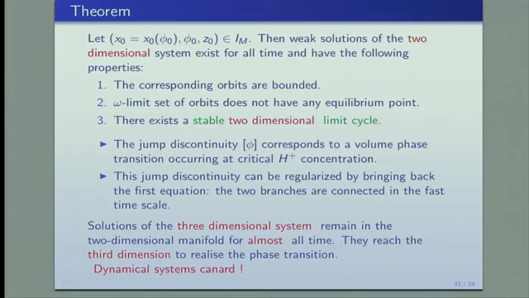But now, if you look at the system from the three-dimensional point of view, these solutions are not discontinuous anymore. In fact, this gap in the volume fraction, this jump in phi, is not such a jump when you look at the problem as a solution of the three-dimensional problem.